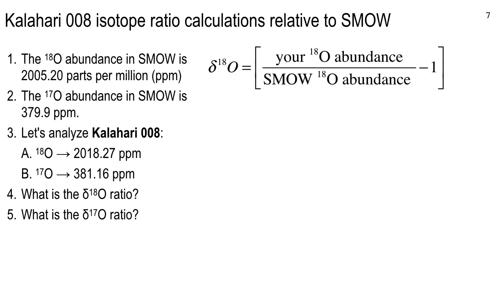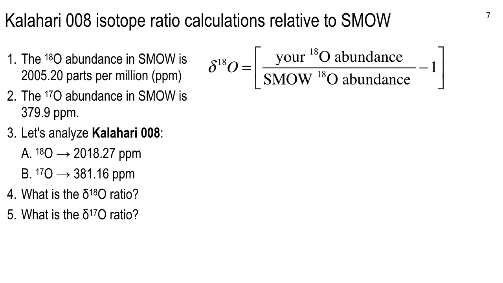Now, the lab will give you the abundance. And for 18 oxygen here, it's 2018.27 parts per million. Now, here's related to, with the orange jacket, second row, what's your first name again? Vince.